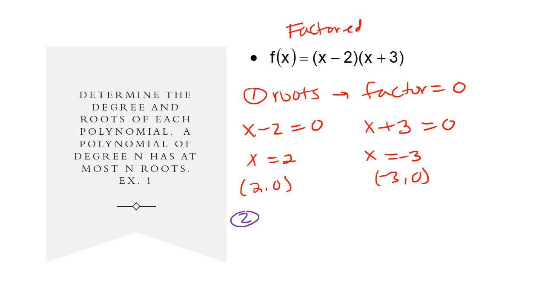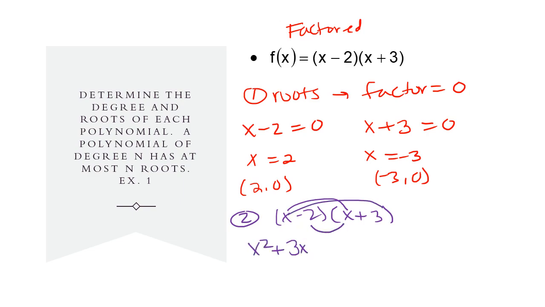Okay? Now, moving on, we are going to find our degree. To find the degree, it said that we have to distribute. Well, we don't have to fully distribute, we just have to partially distribute. You could fully distribute, which I'm going to model for you, but I'm going to highlight why you could partially. If we fully distribute, we get x times x, which is x squared. We get x times 3, which is 3x.